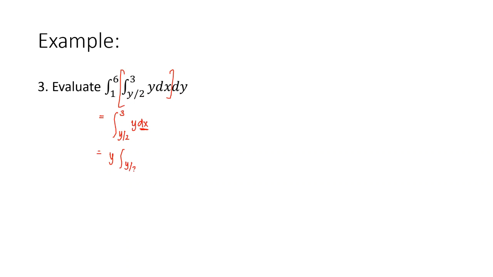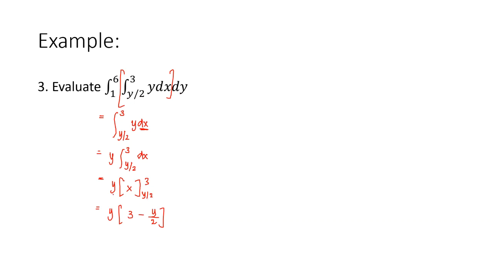So we have y times the integral from y over 2 to 3 of dx. As we know, the integral of dx is just equivalent to x. So we have x from y over 2 to 3. So we have y times 3 minus y over 2, because again, upper limit substituted to x, subtracted by the lower limit substituted to our x.